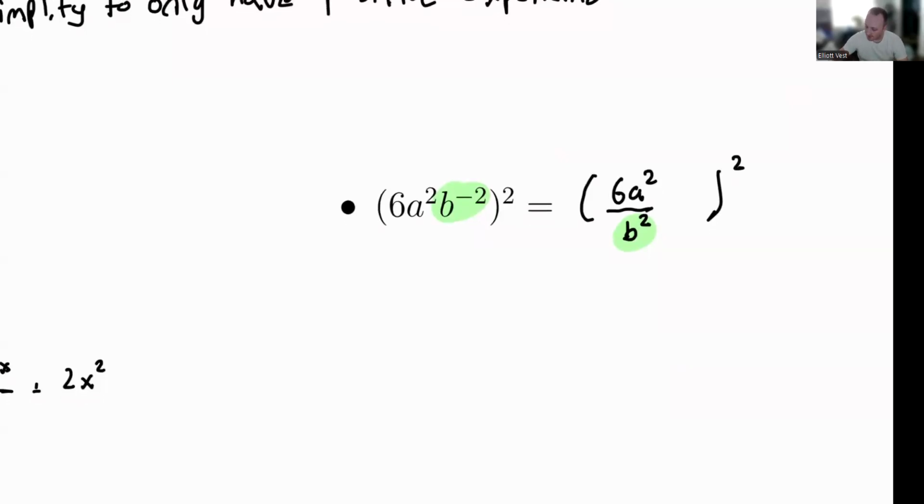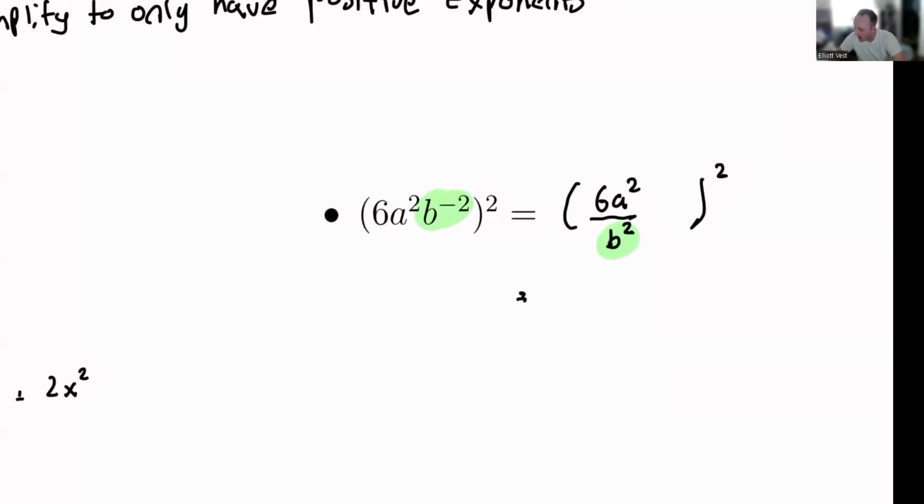And now we're kind of off to the races of what does it mean to square something? Well, it means I write it twice times 6a squared over b squared, right? You might know what it means to square each of these individual things, but I like to write it out. I see 6 times 6 becomes 36.